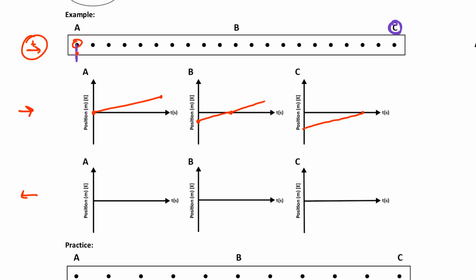In our reference frame, everything to the right is positive, everything to the left is negative. Initially, we're very, very far away from our reference point. And as we move towards A, we're getting closer and closer to the reference point.